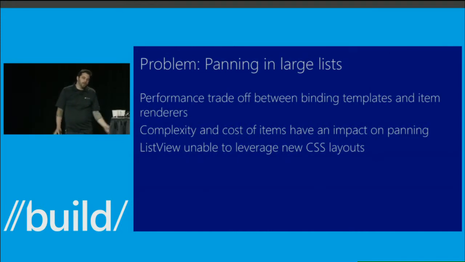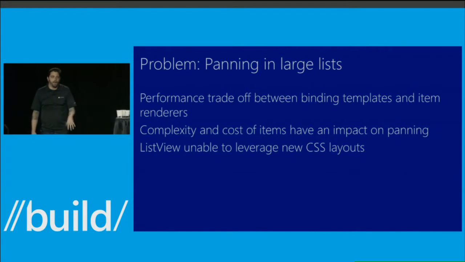Moving on to the next issue we've faced: the complexity and the cost of those items can have an impact on panning performance. If you have a really deep, complex item tree of UI, with tons of nested things, or a really wide tree with lots and lots of elements, that's going to take some time to render.